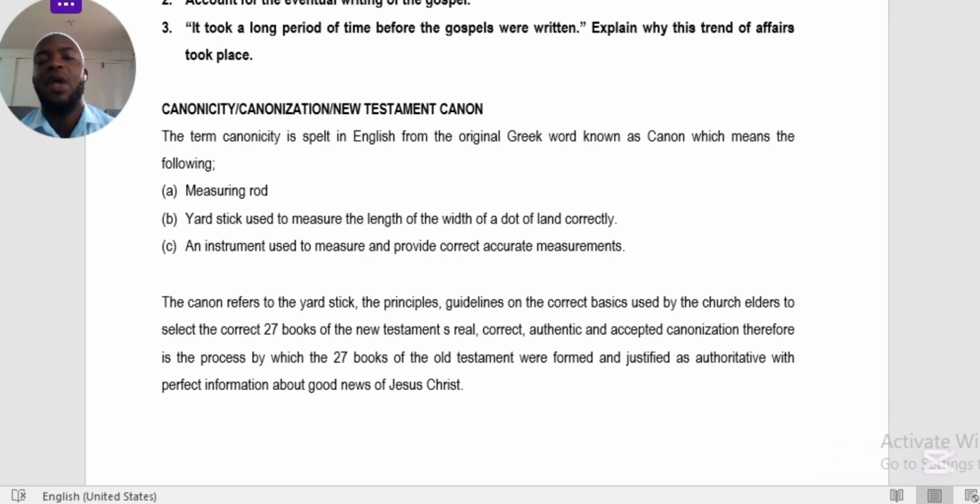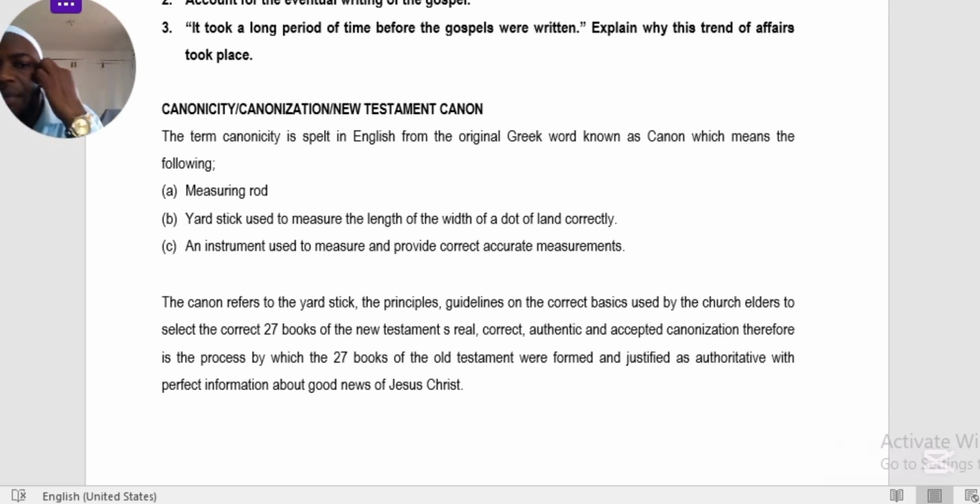So time came and they wanted to create a New Testament, and the elders had to sit and analyze, revise, and look at what should we take, and then what should we leave behind. Some books were considered, others were left out, more so those that were not written by the eyewitnesses, those that were not centralizing Jesus, they were left out.